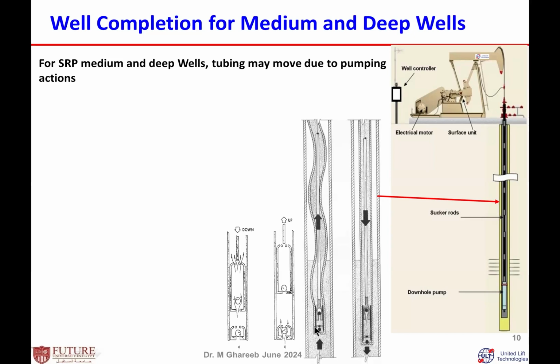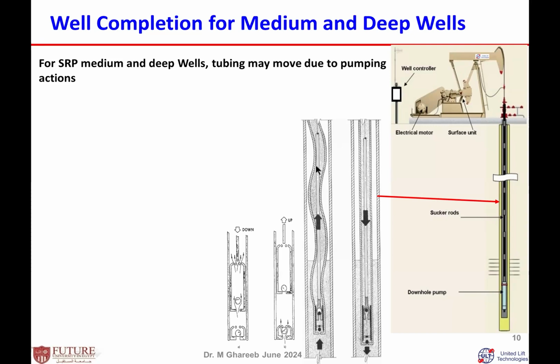Then in the bottom of the tubing, there is no fluid. This valve isolates the fluids from the tubing because it is going up and closing. In this case, there is no fluid in the tubing, so the tubing will contract. You will see the tubing in the upstroke can be buckling like that, and in the downstroke can be stretched like that. If you leave the well running like this, there will be a tendency for the rod string to contact the tubing wall.